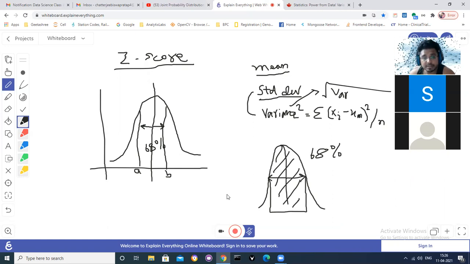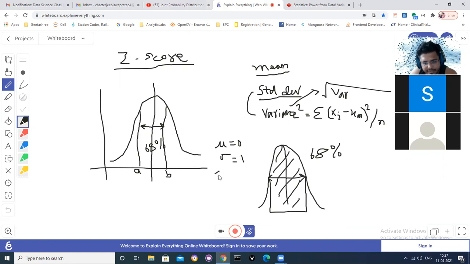Between the second standard deviations, means two standard deviations on both sides, right? One standard deviation, two standard deviation on both sides, we have 95% of the data, and three standard deviations we have 99.7% of the data. So these are the properties of a normal distribution, right? Mu, the mean is at 0, the standard deviation is equal to 1.